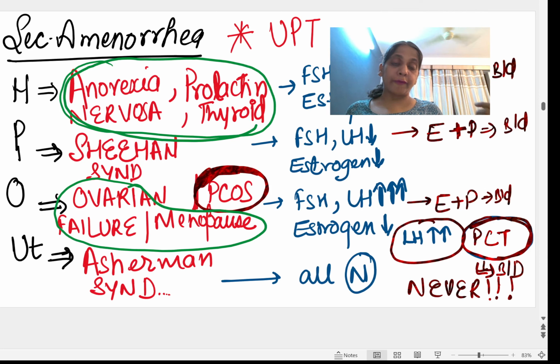Due to progesterone dominancy, the uterine endometrium gets thin, tubal motility gets decreased, and cervical mucus becomes thick.